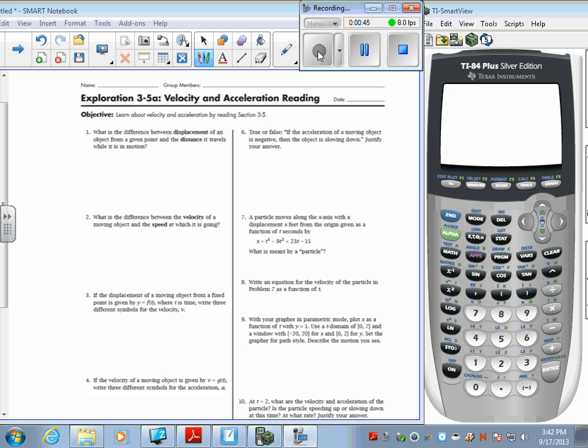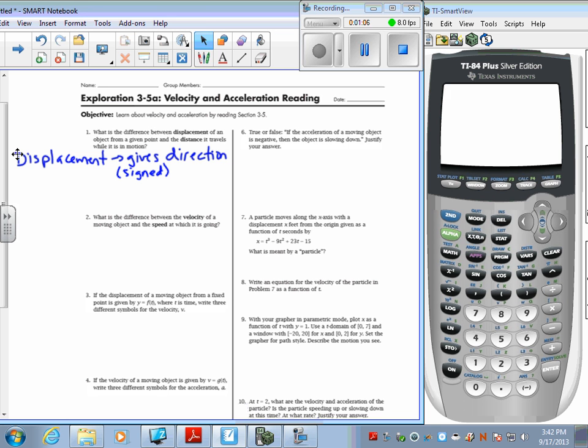So for displacement, it has a sign. It has a direction. Which means positive and negative have some significance. However, when we're talking about distance, distance is always positive, so it does not give a direction.